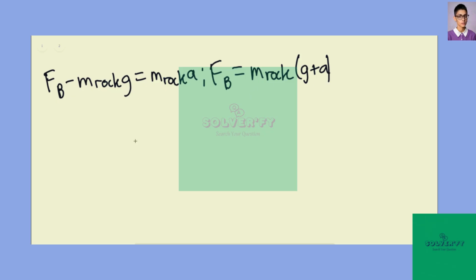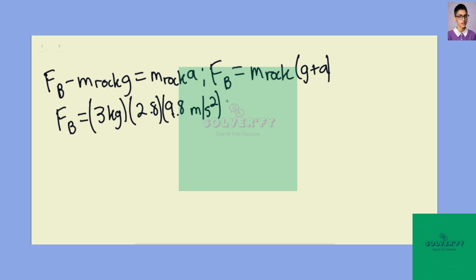And so the buoyant force would be equal to the mass of the rock, 3 kilograms, times 2.8 times 9.8 meters per second squared. This is equaling 82 newtons.